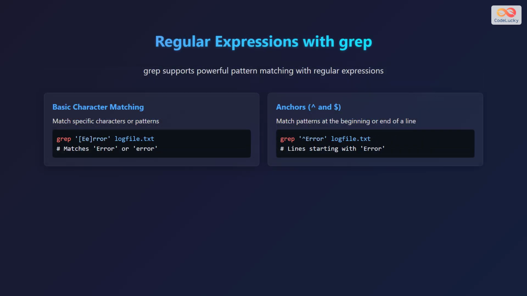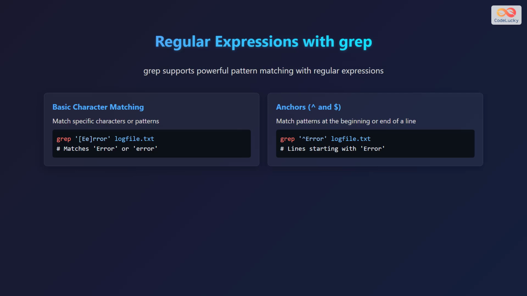Grep supports powerful pattern matching using regular expressions. Regular expressions allow for flexible and complex searches. For basic character matching, you can use square brackets to match any of the characters enclosed within them. For instance, grep '[eE]rror' logfile.txt will match lines containing either error or Error.